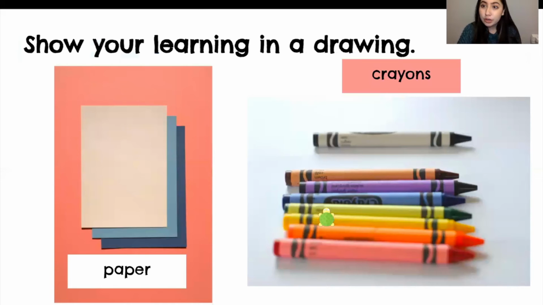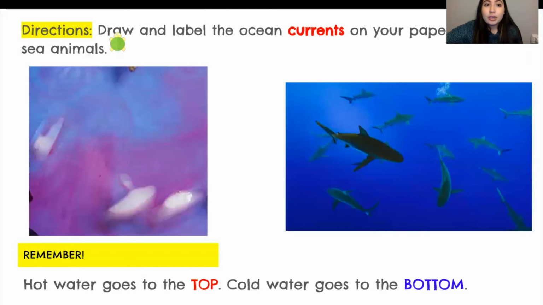Then after you create your model ocean, I want you to show your learning in a drawing. So you would need a piece of paper and some crayons to show your learning. You're gonna draw and label the ocean currents using that vocabulary word currents on your paper, and you're gonna draw some sea animals.